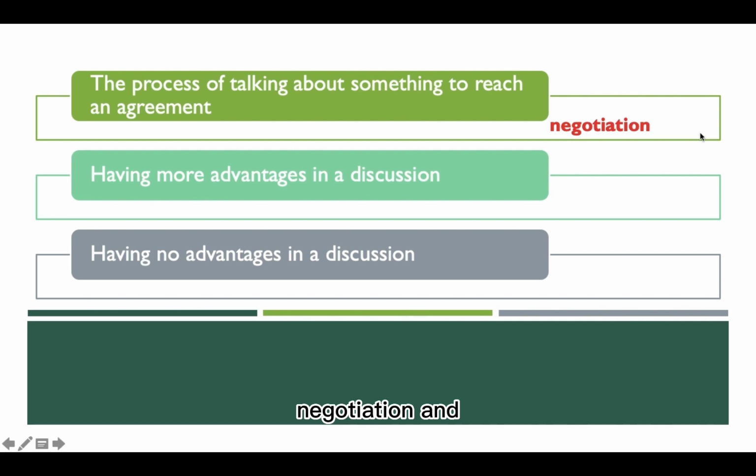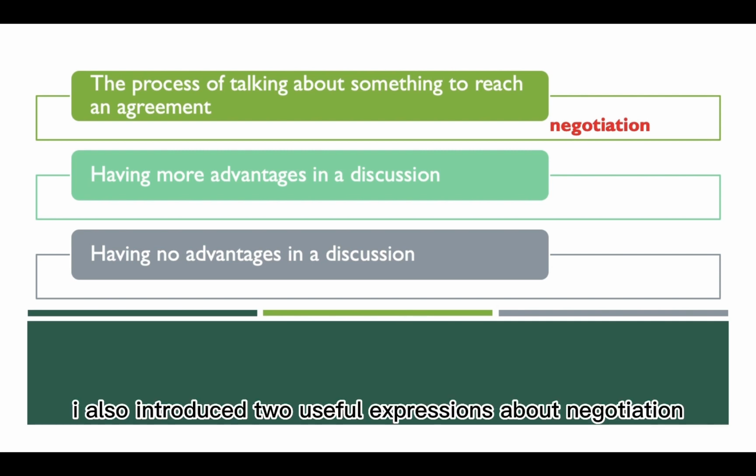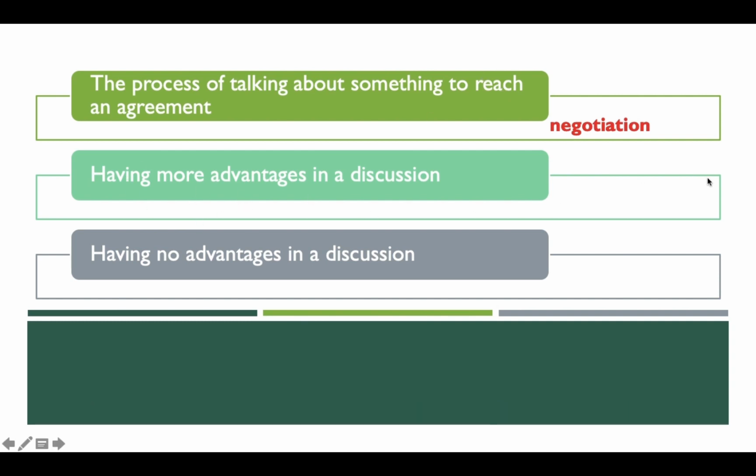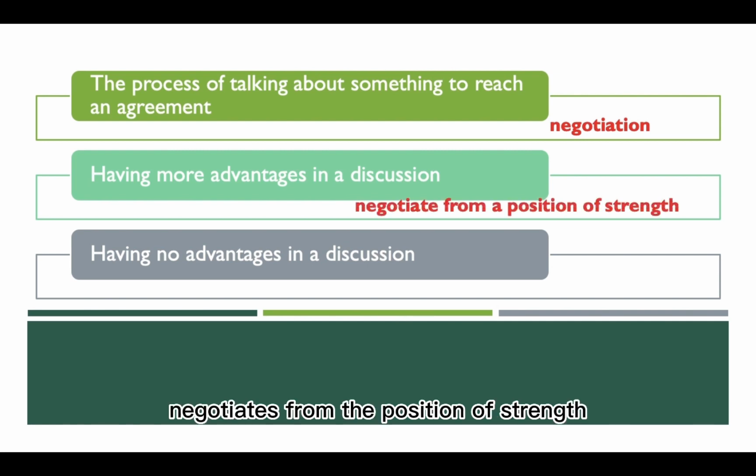negotiation. And I also introduced 2 useful expressions about negotiation to you last week. When someone has more advantages in the discussion, then we will say this person negotiates from the position of strength.